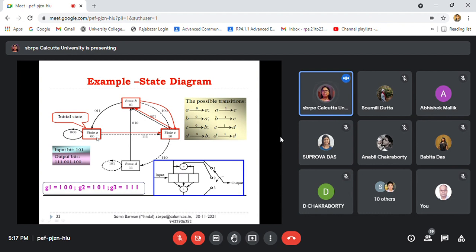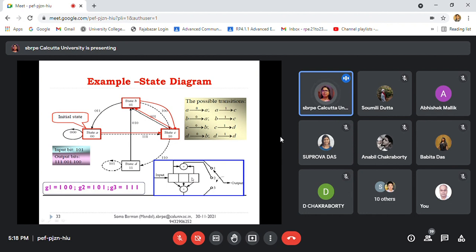Now when A gets input 1, it shifts to the state 1 0. So what will be the state of the machine? This is 1 and this is 0, this is 0. So the first one is also 1, because it is directly connected, 1 0 0.